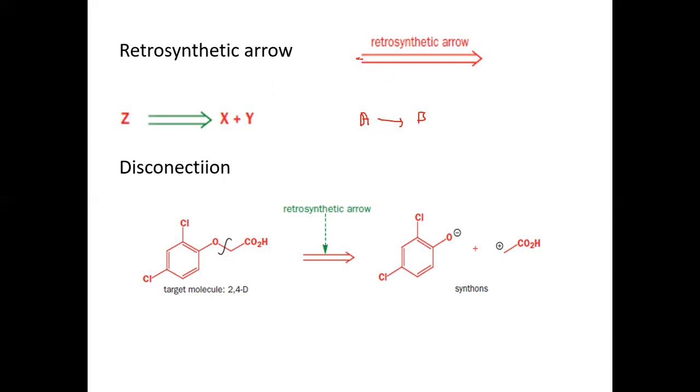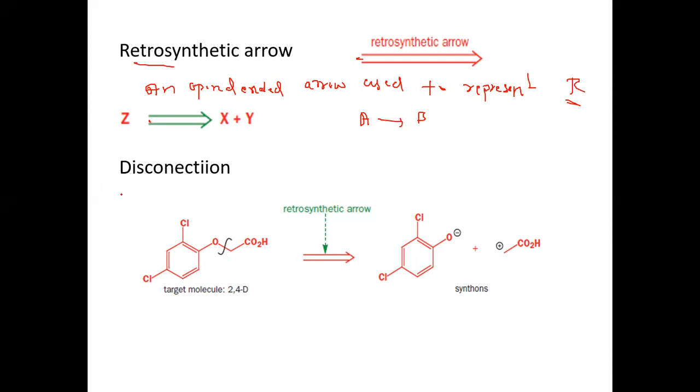Look at this, it is open here. An open-ended arrow used to represent retrosynthesis is called a retrosynthetic arrow.